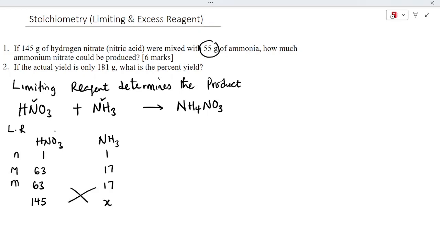We cross multiply and then we have 63x equals 17 times 145. So x equals 17 times 145 divided by 63. And when we do this, we have 39.1 grams.